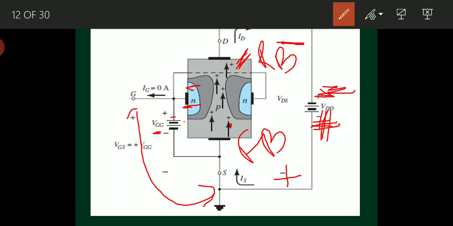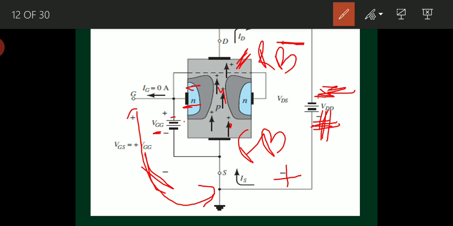So the positive voltage VG applied between gate and source terminal helps to reach the saturation level for ID at lower levels of VDS. Here I am applying reverse bias, so this depletion region increases fast.